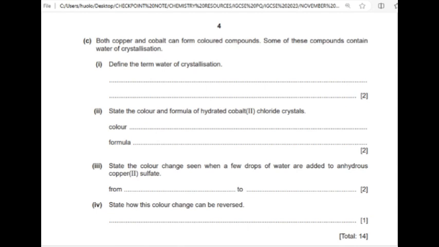When they contain water of crystallization, they become hydrated. Now define the term water of crystallization. Water of crystallization is the water present in a hydrated crystal.